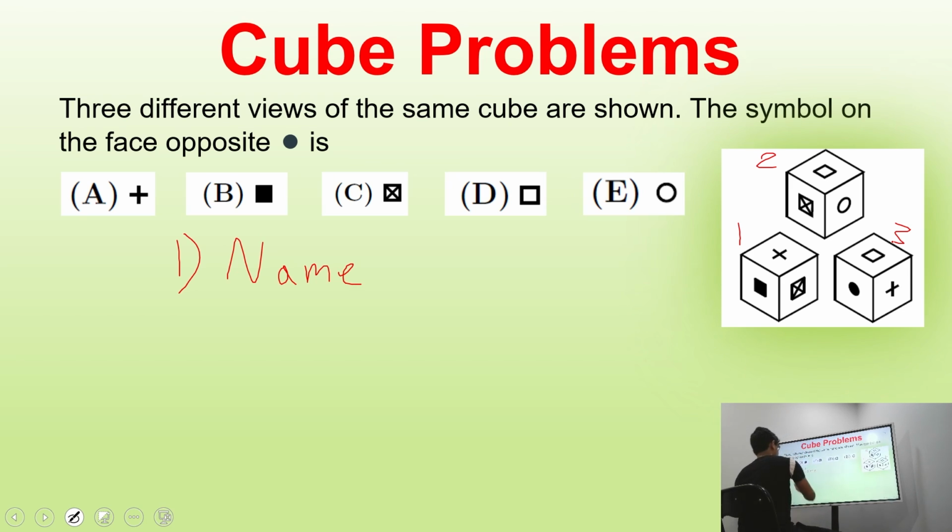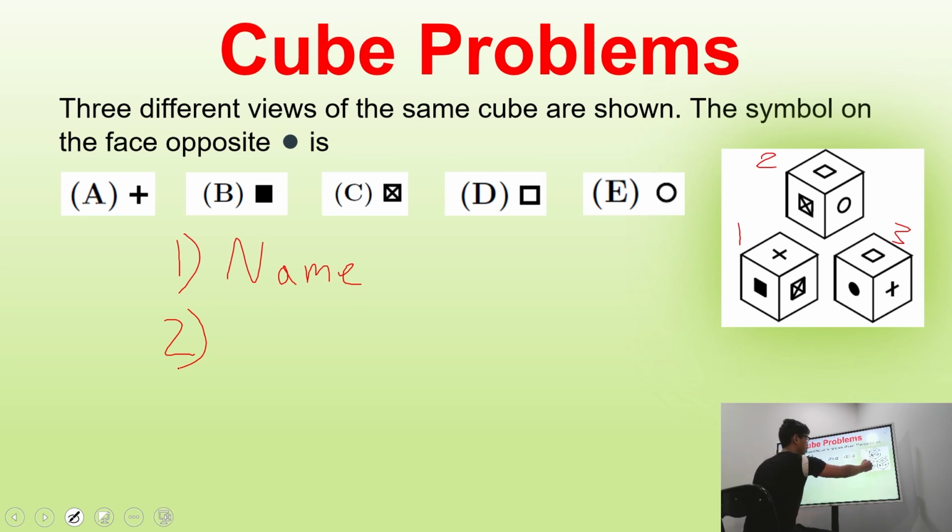Our second step is to look at a different shape with the most adjacent sides that is not the circle. Because if we just looked at the third cube, it'd be really hard for us to estimate what's on the back of it. So we're going to look at all 3 of these cubes and see which one has the most shown elements.